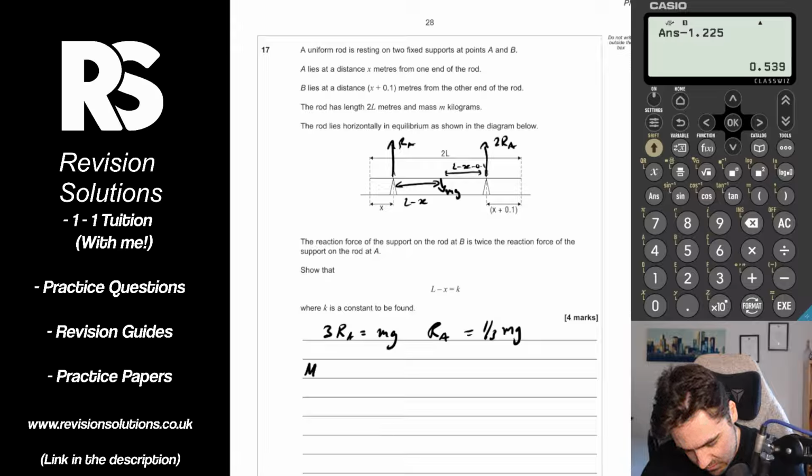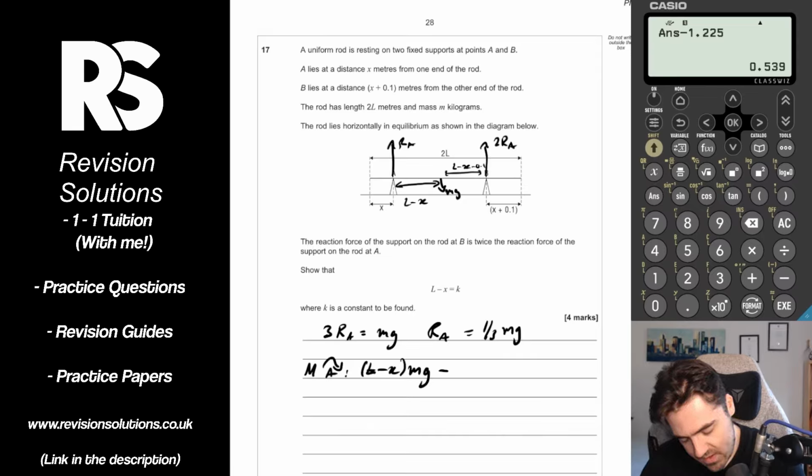So if I take moments clockwise about A, then we've got a rotational, clockwise moment due to mg, so that would be L minus x times mg.